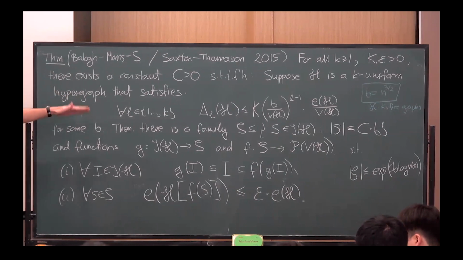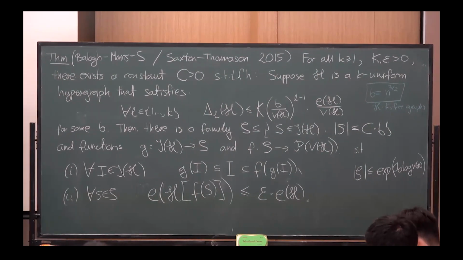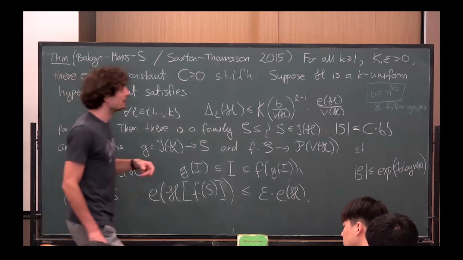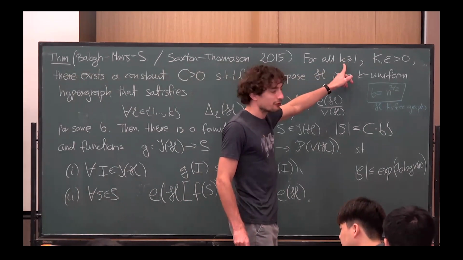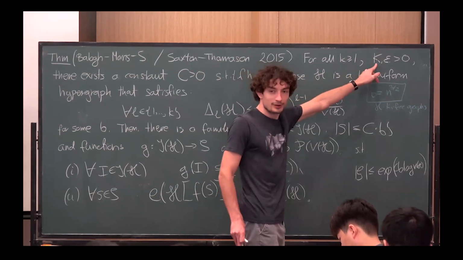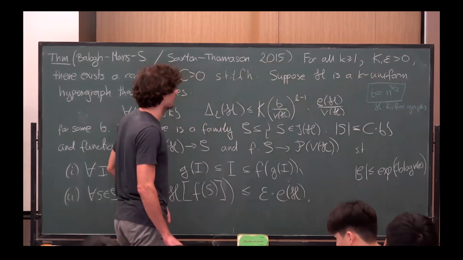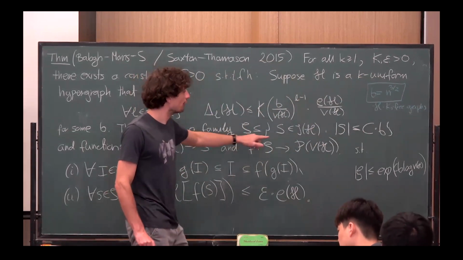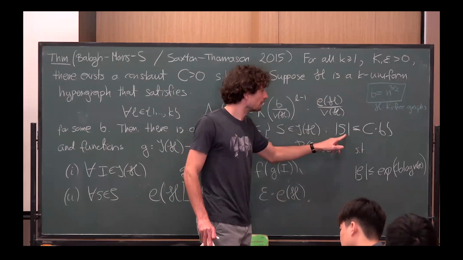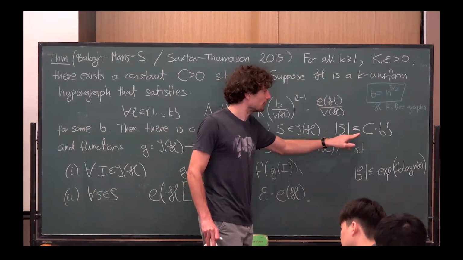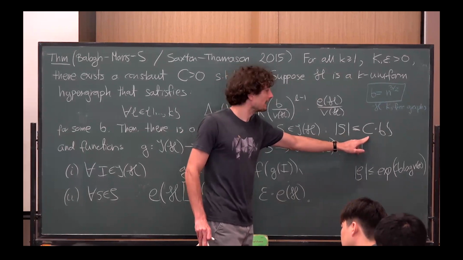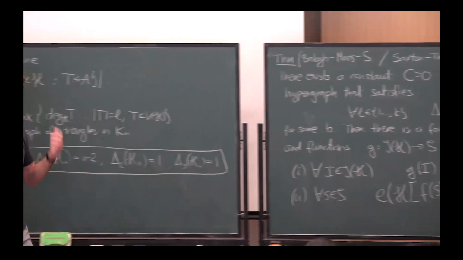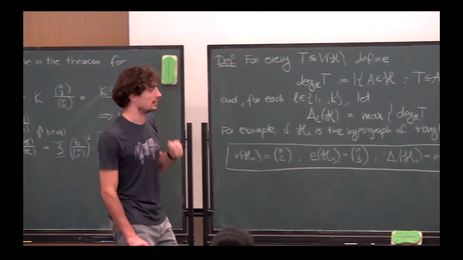So we just apply this to this hypergraph. We check that b equals n to 3 halves is sufficient, and we take k to be 3, and we get a family of containers for triangle-free graphs, where the labeling sets are graphs with at most c, which depends on epsilon, times n to 3 halves edges, which is precisely what I stated yesterday or 2 days ago.